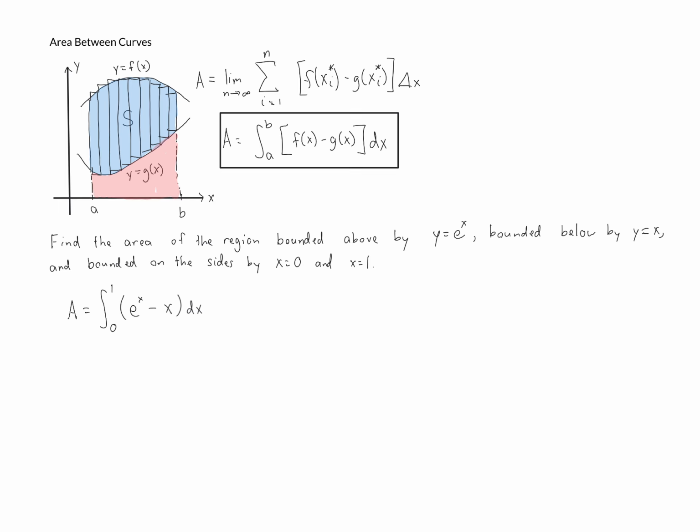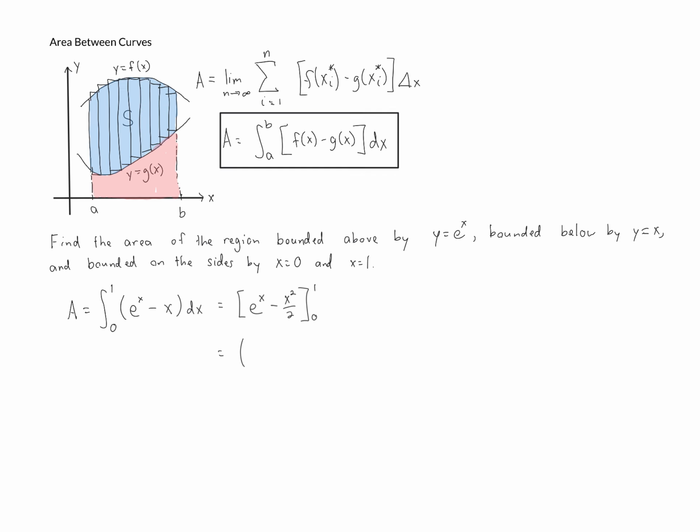And all we have to do is evaluate this integral. So we can use the fundamental theorem of calculus. The antiderivative of e to the x is e to the x, and then minus the antiderivative of x, which is x squared over 2. And we need to evaluate that at 0 and 1.